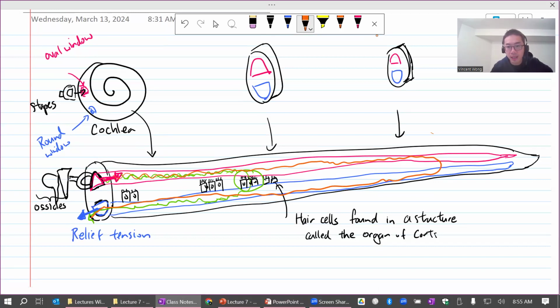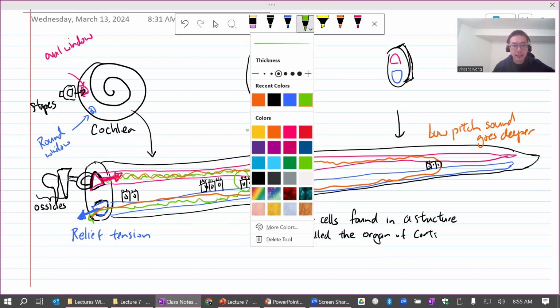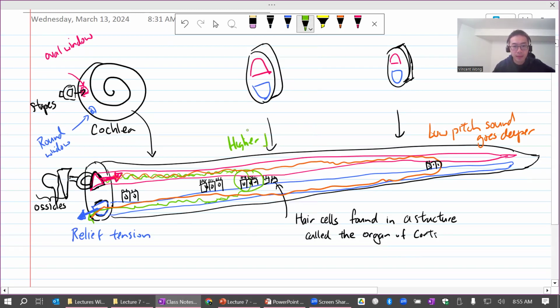So this is like lower pitch sound, goes deeper. Right, so the hair cells over here will get stimulated, and then this is like higher pitch sound, turns around earlier, I guess. I'm not sure what the right word is.